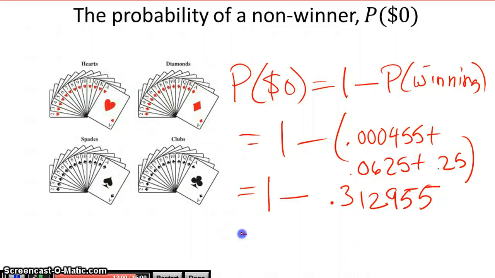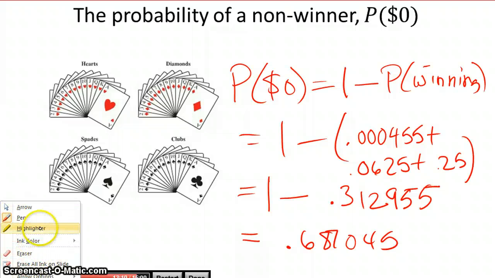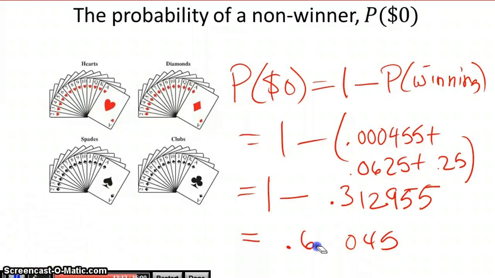Therefore, the probability of not winning then is going to be 0.687045. Let me fix that. That looks a little sloppy there. 0.687045. And the way that we calculated that was just using the complement rule for probability.